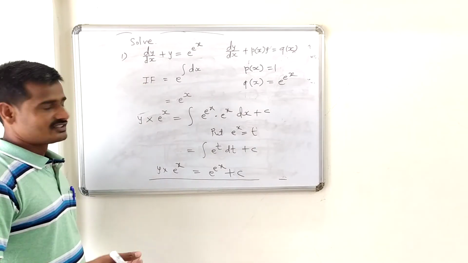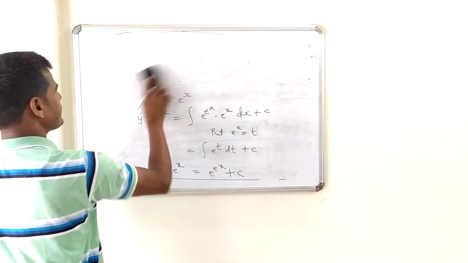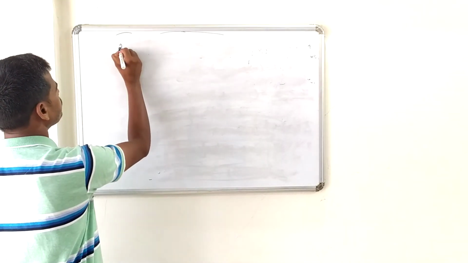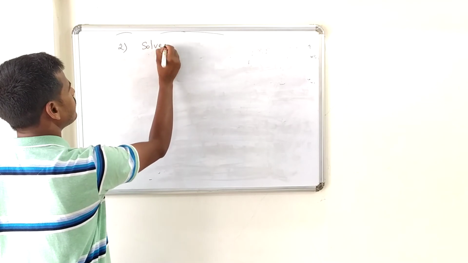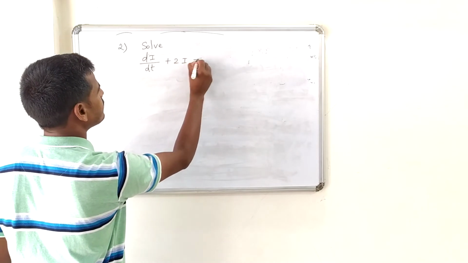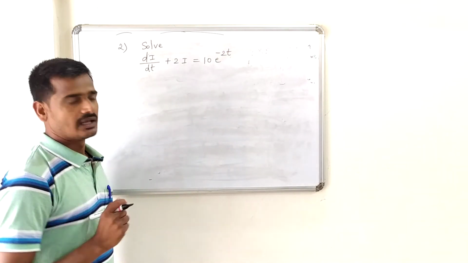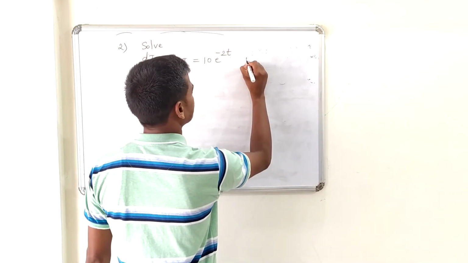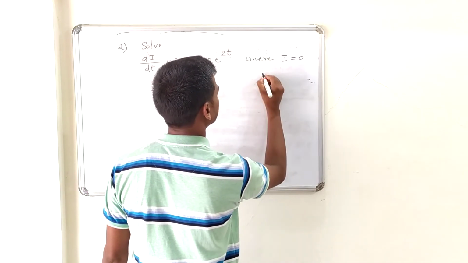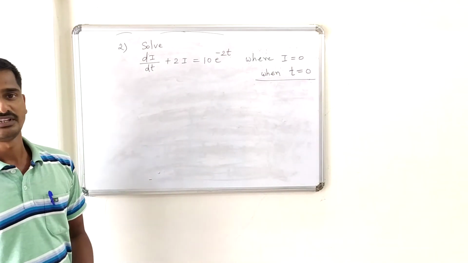Okay, we will discuss one more example. Second example: solve dI/dt + 2I = 10e^(-2t), where I = 0 when t = 0. The condition is given to determine the arbitrary constant.